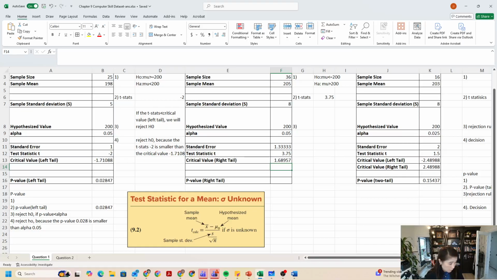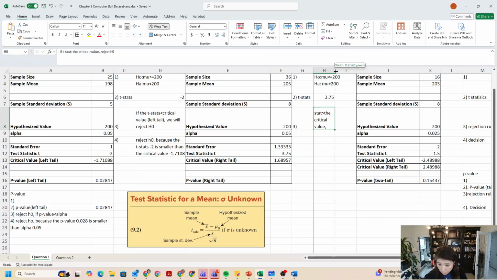So the rejection rule is: it's a right tail, so if the t-stat is larger than the critical value, reject H0.